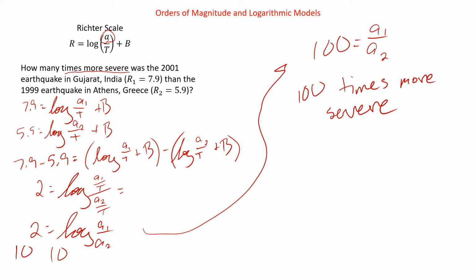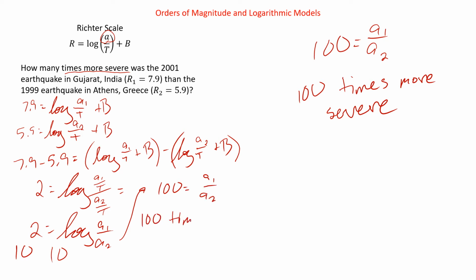And so that's how we can use the Richter scale. I should not have moved it all the way over there. I'm going to rewrite it down here because I have another one coming up over there. So 100 equals A1 over A2. So it's 100 times more severe.